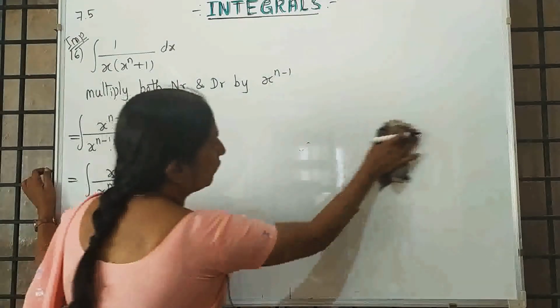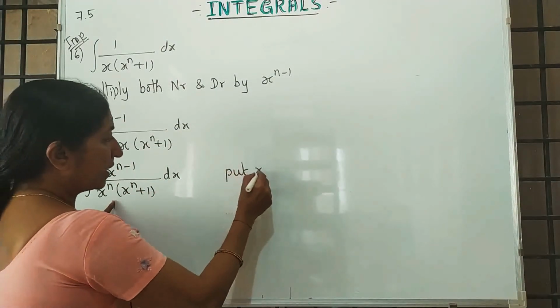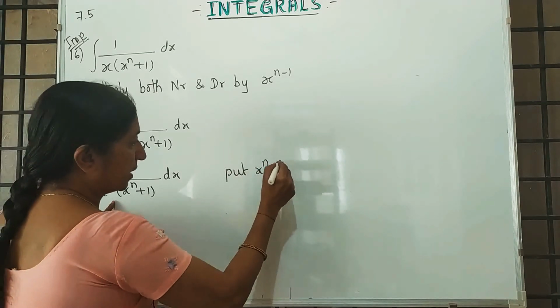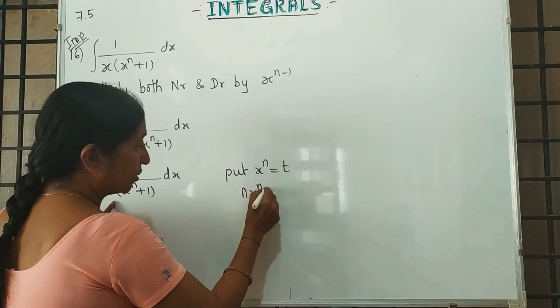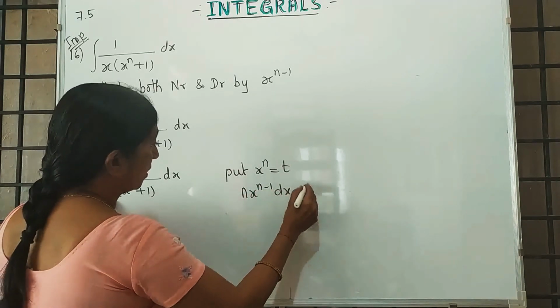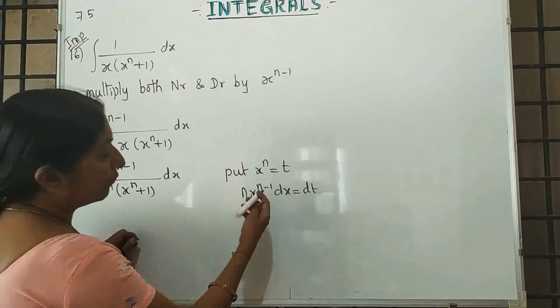Now I am going for the method of substitution. In the denominator I am writing x raised to n as t, or y, whatever it is. I am writing t. Then dt is n into x raised to n minus 1 dx. When you are doing a substitution in integration, we have to go for differentiation.